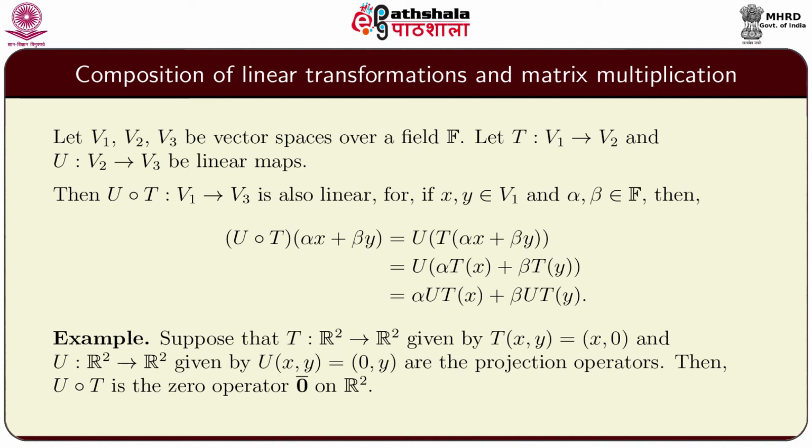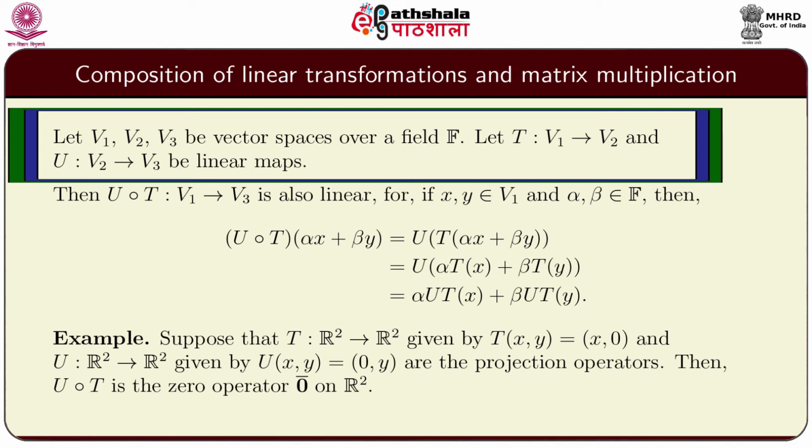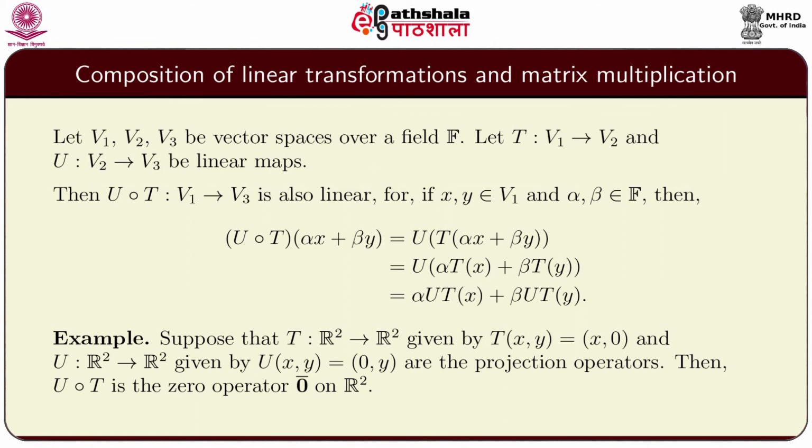After addition and scalar multiplication, let us now understand the composition of linear transformations. So, suppose that V1, V2, V3 are vector spaces over a field F, and T from V1 to V2 and U from V2 to V3 are linear maps. Then U composition T from V1 to V3 is also a linear map.